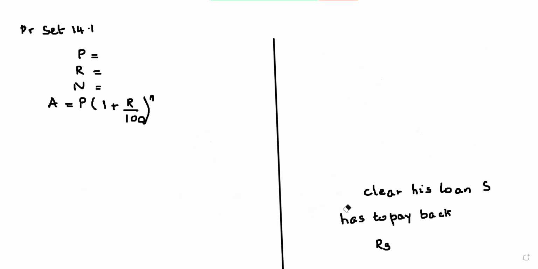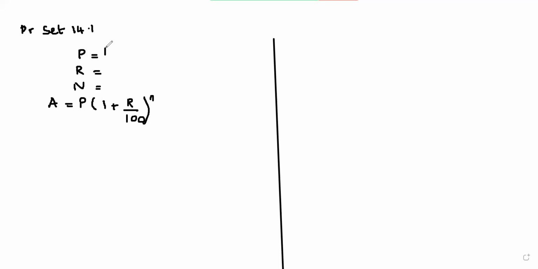Let's check out the question. To start a business, Shalaka has taken a loan of rupees 8,000 at a rate of 10.5% per annum.